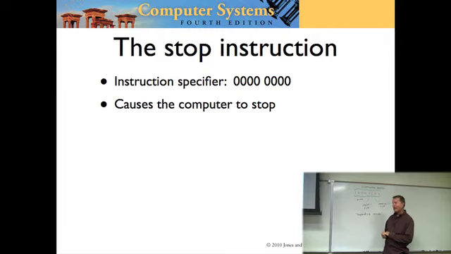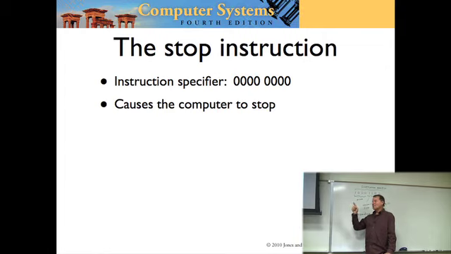Not really. If you shut off the power, you shut off the power, but the CPU doesn't stop itself. The mechanism to shut the computer down comes from external hardware.